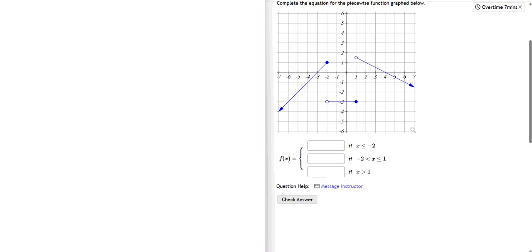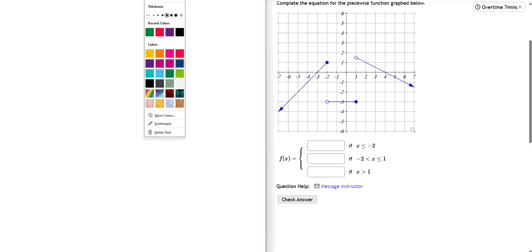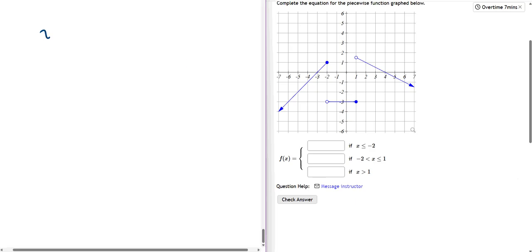Well, really all I need is one point and the slope. So from that leftmost piece, where x is less than or equal to -2, I'm going to pick a point. Let's pick, how about 0, -3? Or I'm sorry, the other way around, -3, 0.